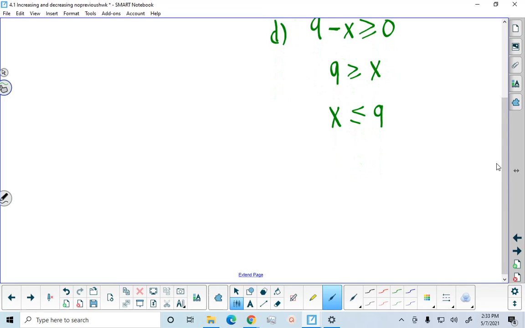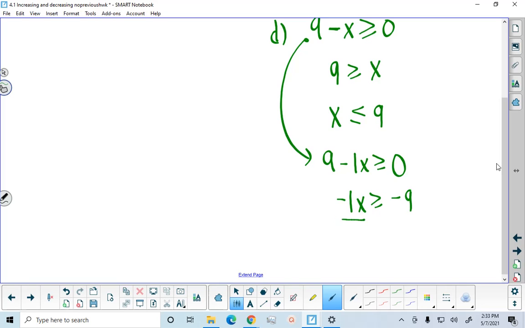Going back to the original statement, if I subtract 9 from both sides, I get this statement. So I have to divide both sides by -1 to get x, and I'll get 9 here.